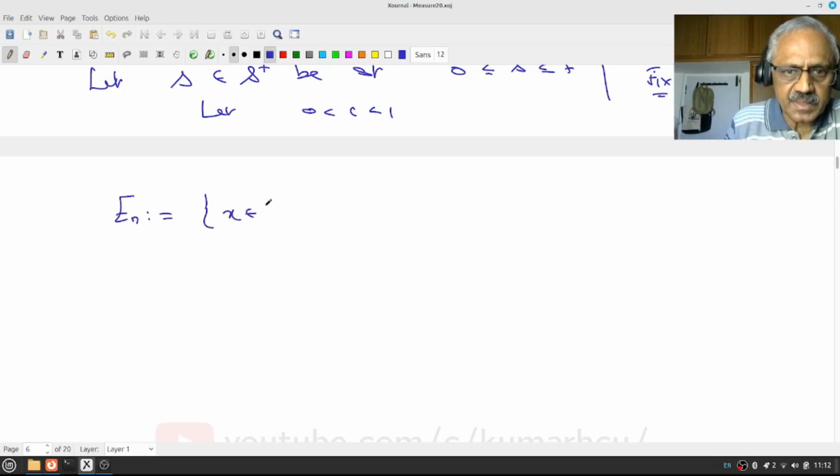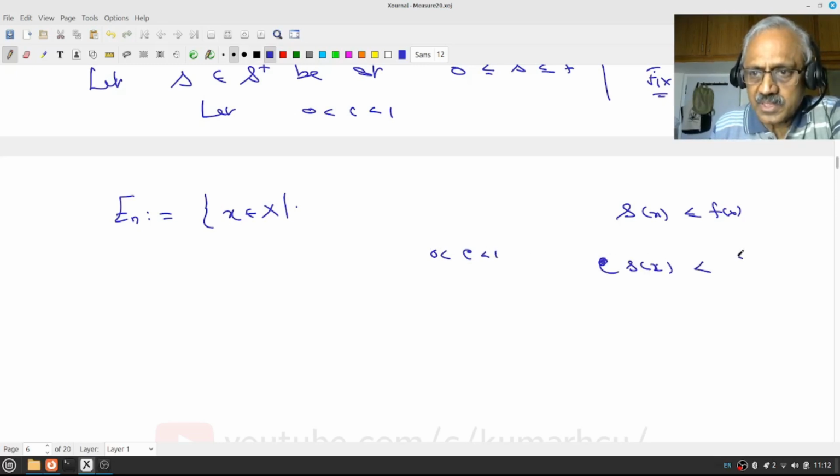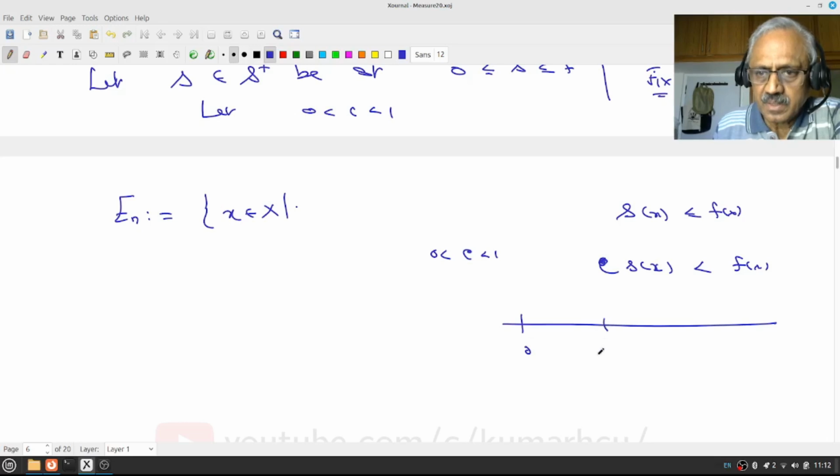I know s of x is less than or equal to f of x. There may be equality, but if c is strictly less than 1, you see that c times s of x will be strictly less than f of x. Therefore, the picture will be something like c times s of x and f of x.